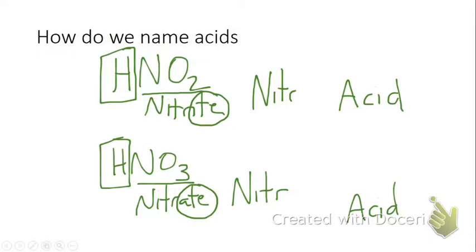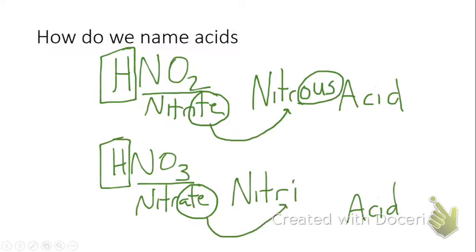If it is ite, we turn it into ous. So ite goes to ous, or ate goes to ic. So we have nitrous acid, or we have nitric acid.